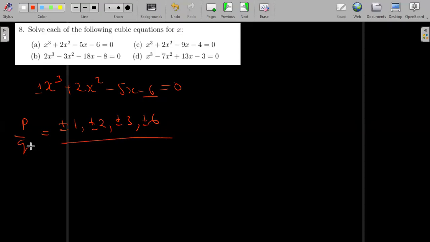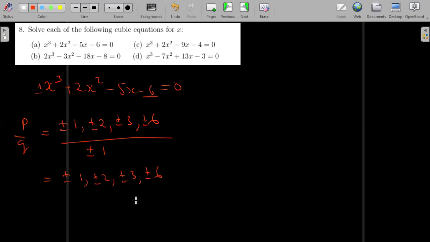Then I'm dividing this by the factors of the leading coefficient, which is plus minus 1. When I divide these, I just end up with plus minus 1, plus minus 2, plus minus 3, and plus minus 6. This is what I'm going to get.